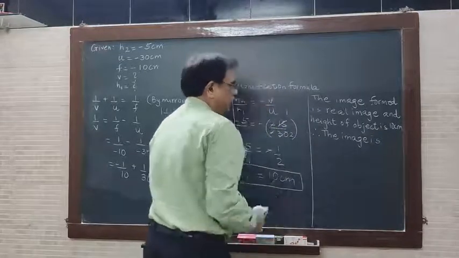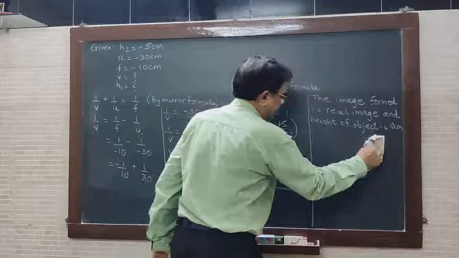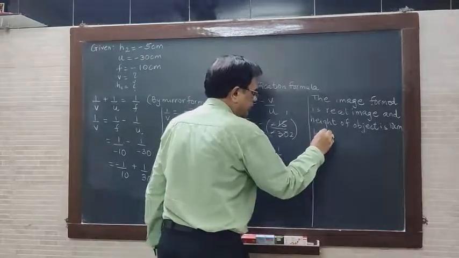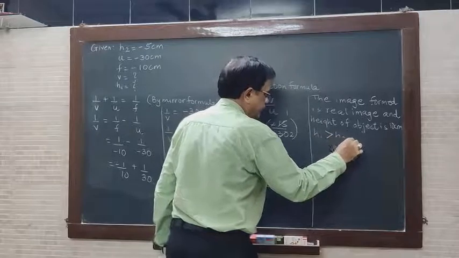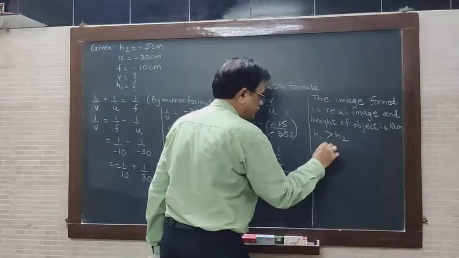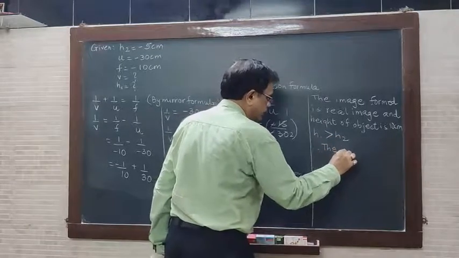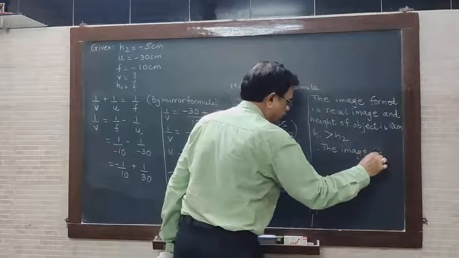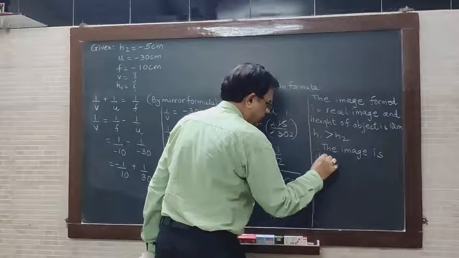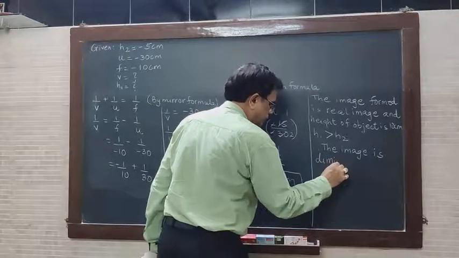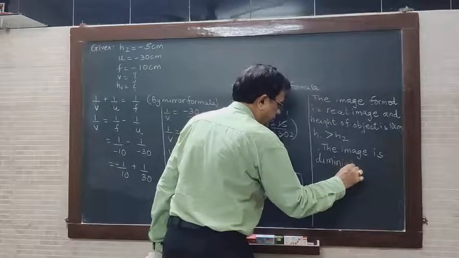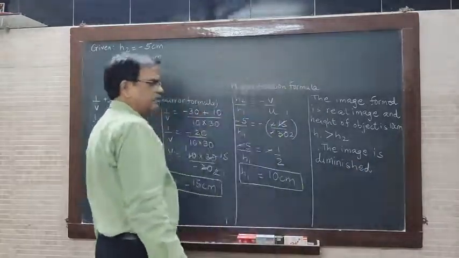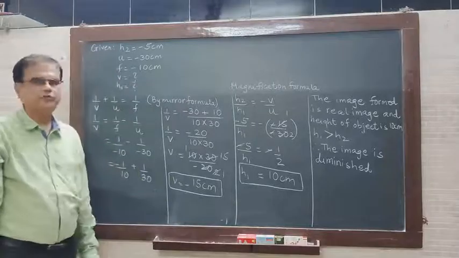If you want, you can write over here H1 is greater than H2. Therefore, the image is diminished. So it is the real image and a diminished image. The image is diminished. This is the full way of solving your sum.